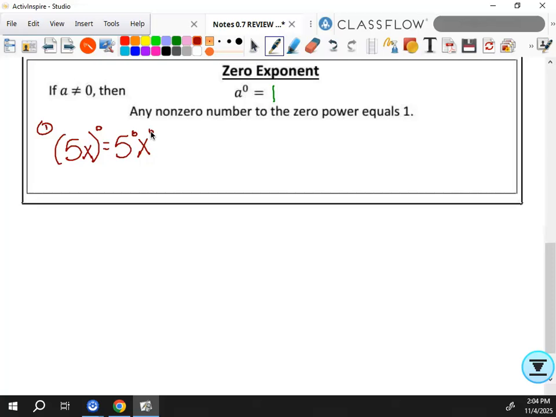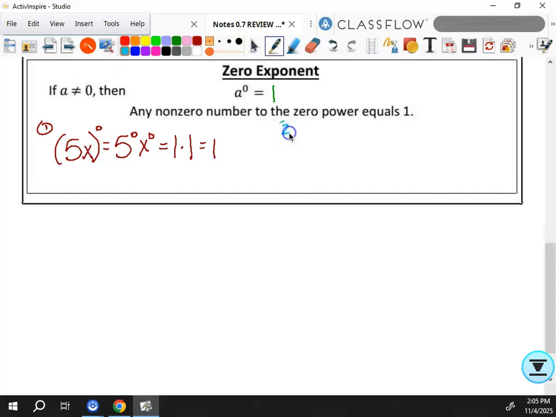So what's 5 to the 0? x to the 0. All right, what's 5 to the 0? 1 times x to the 0, which gives me 1. Okay, and you could have skipped all that inside stuff too, but that's the way it works.